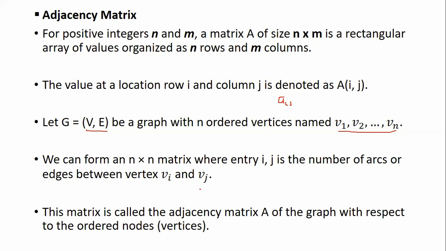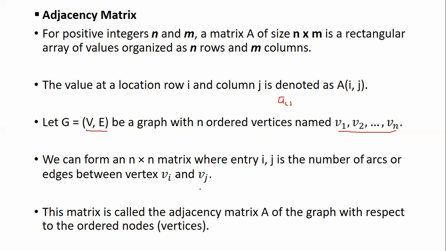Therefore, from all the vertices we have, when you take any two of them, is there any edge that connects them? If yes, then we count how many there are. If it's one, we write 1. If there are 2, we write 2, if there are 3, 3, and so on. Are you okay?